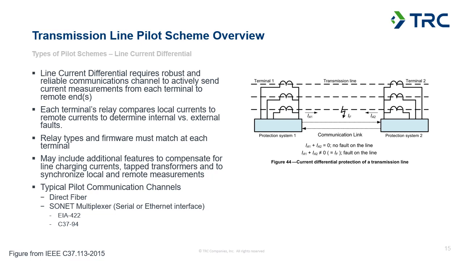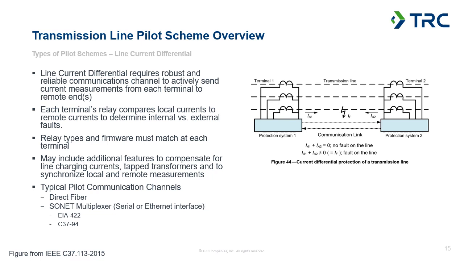The line differential scheme also oftentimes includes some additional features to compensate for unique scenarios. Things like compensation for line charging currents, which could be another source of error. In here, you've got the capacitance of the line, which will have some amount of current draw, even when the remote terminal is open.